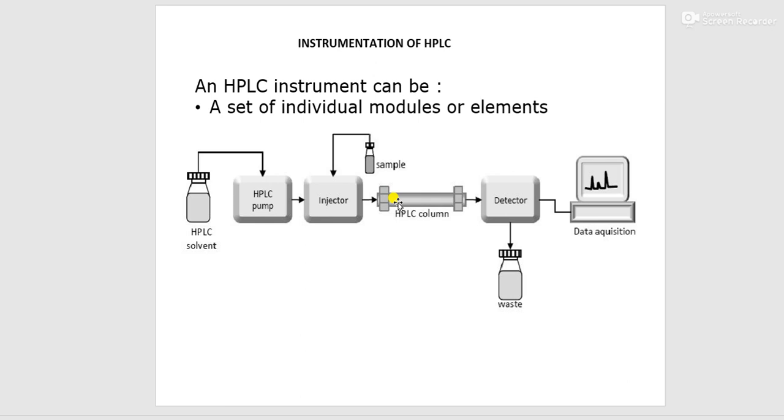Nothing will be irreversibly adsorbed on the surface of the stationary phase. Sooner or later the component will be eluted out from the column. Whatever is eluted will reach the detector, and then it will go to waste.